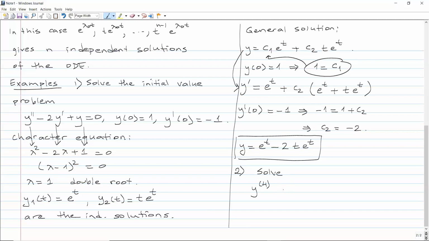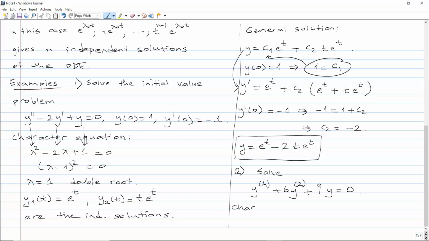The fourth derivative of y plus 6 times the second derivative of y plus 9y equal to 0. So this is not an initial value problem. We are going to give the general solution.